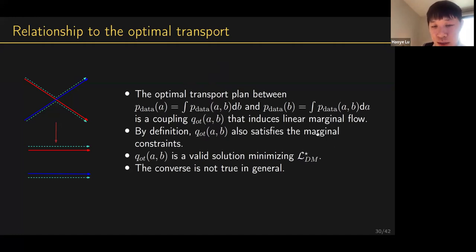And we can show that the coupling induced by the optimal transport scheme will always give the linear marginal flow. That basically says the optimal transport coupling is always a valid solution to minimize the global curvature of the flow. But the converse is not always true in general.